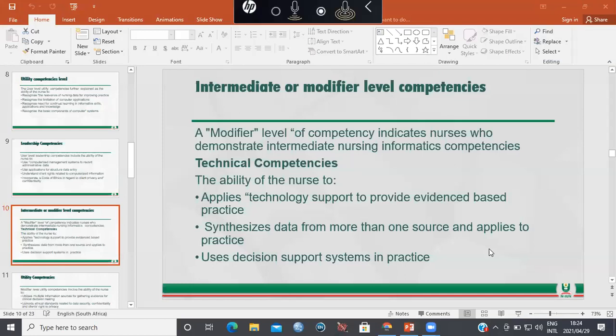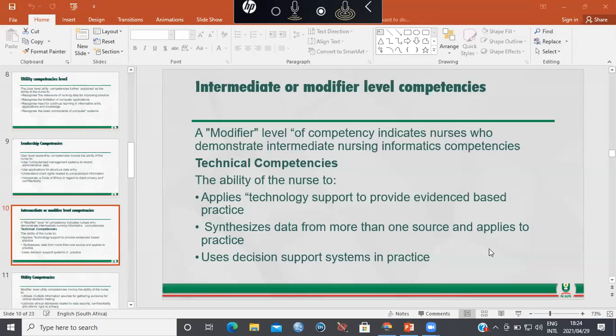And so we are going to unpack it under the sub-themes of technical, utility and leadership. And so we see that intermediate modifier level of competency indicates nurses who demonstrate intermediate nursing informatics competency.